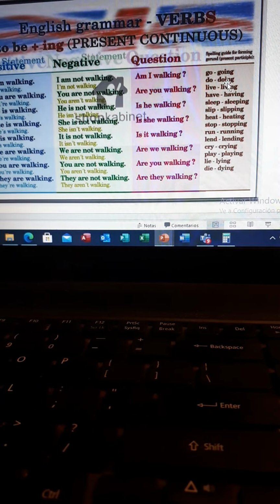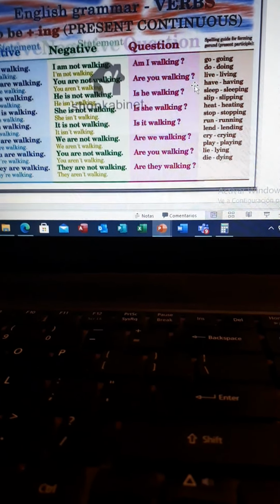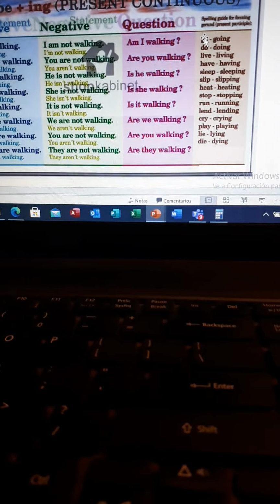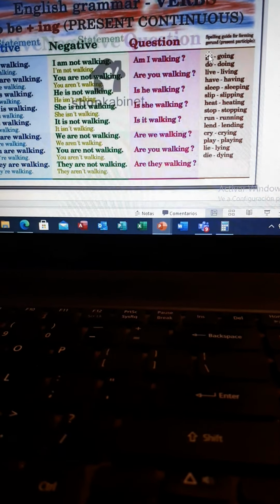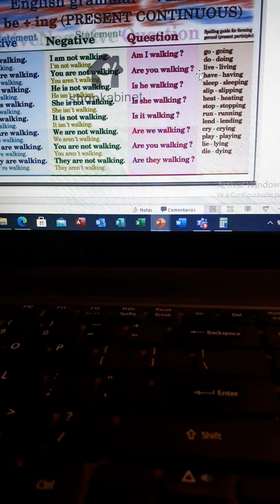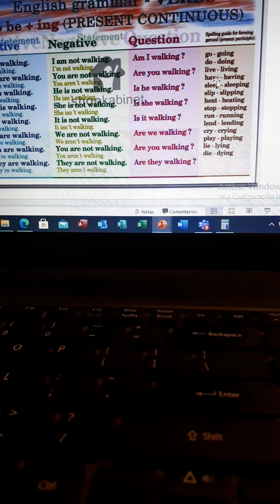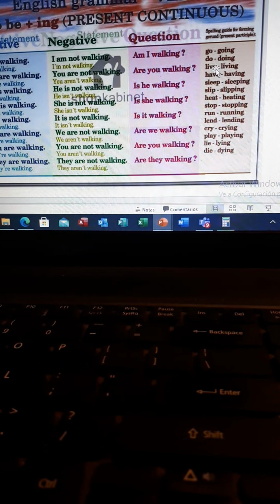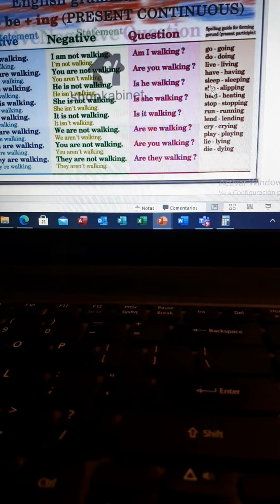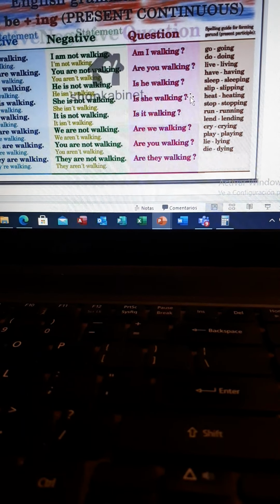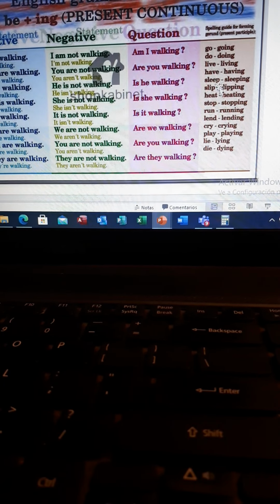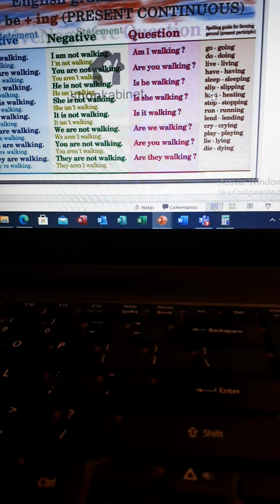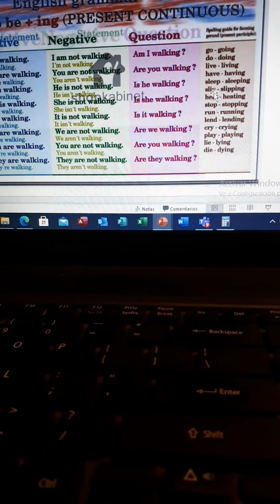And here we have some examples of some of the actions, okay? If, for example, the action ends in O, you only have to add ing. But in the case of live or have or dance, okay, or make, you have to take off the E and put ing. In the case of sleep, of cut, of run, of swim, you have to duplicate the last letter and add ing because it is one syllable, but most of all because it is one vowel before a consonant.